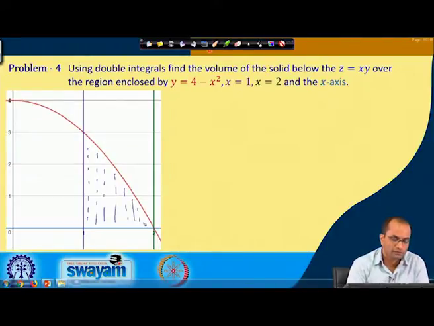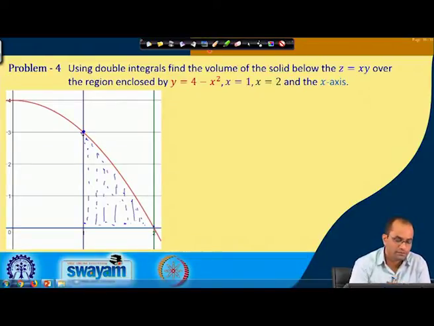Here, x equals 2 does not play a role, because it passes precisely through the point of intersection of this parabola and the x axis. Even if we remove x equals 2, the region enclosed will be the same. Now we also need this point here.